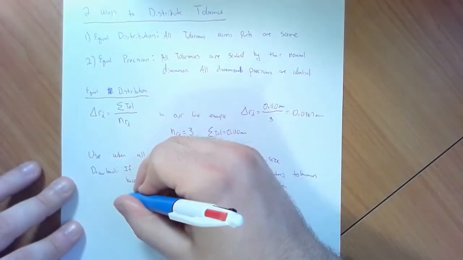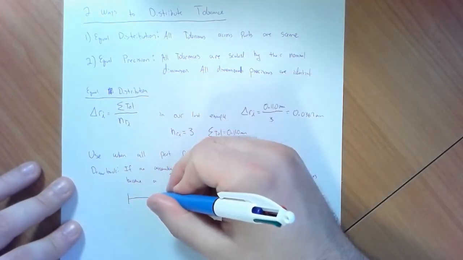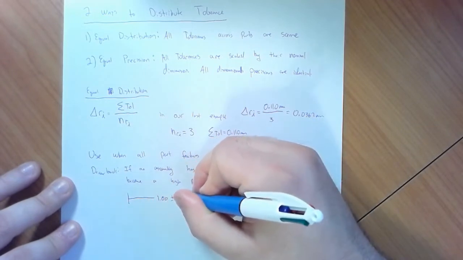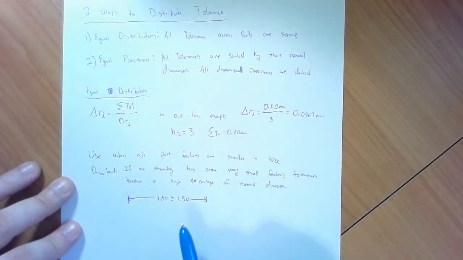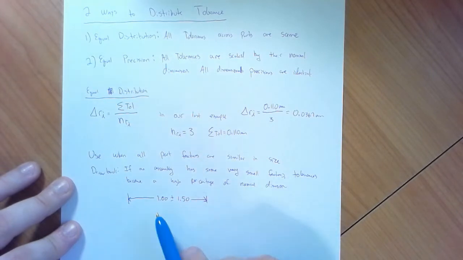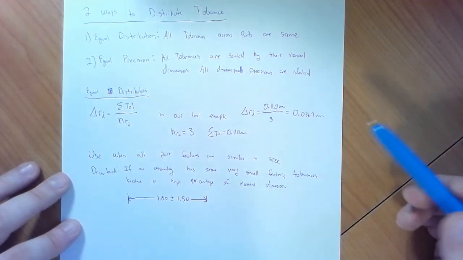So you could end up specifying a dimension like 1.00 plus or minus 1.50 or something like that, if you allow the tolerance to get too big because you've done this equal distribution process. One part is really small, the rest are really big, so you end up with a big tolerance that ends up gobbling up the nominal dimension.